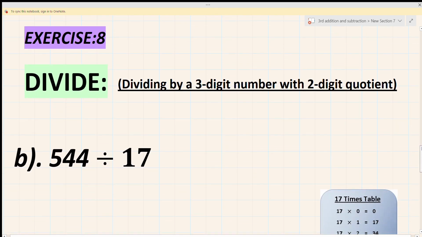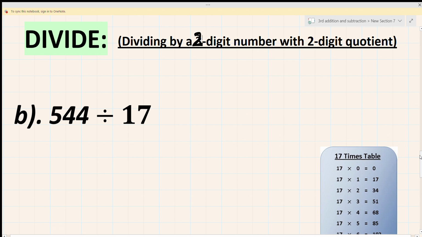In this exercise, we are going to divide a given number by a 2-digit number with a 2-digit quotient. So the first question is 544 divided by 17.